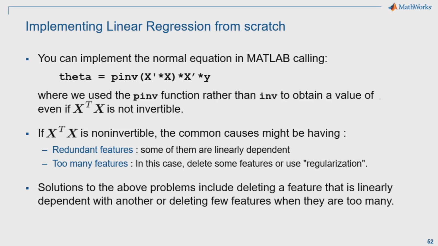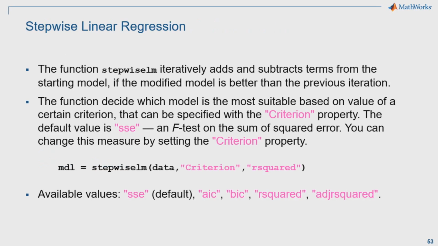So in this way, you'll be sure that in every case, you'll be able to fit your model, to retrieve your data vector. Okay, this, if you are curious, there is other stuff for which x transpose x could be not invertible.